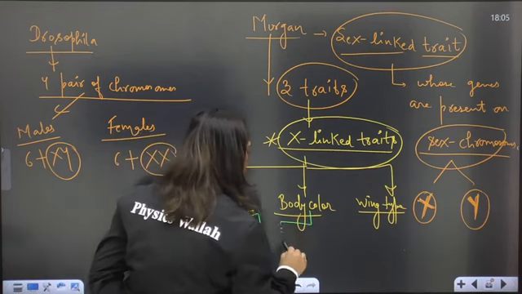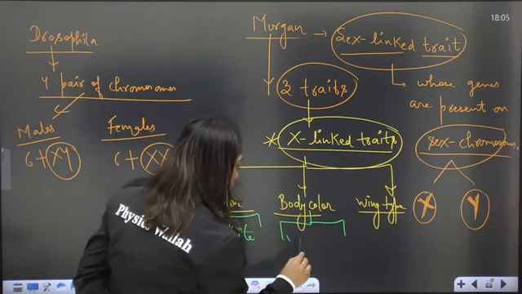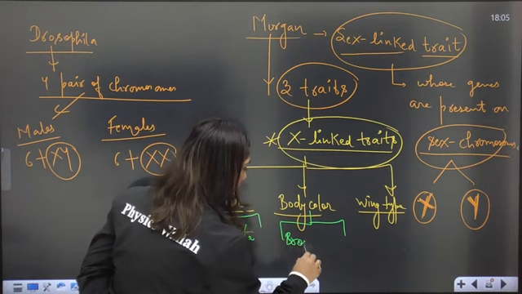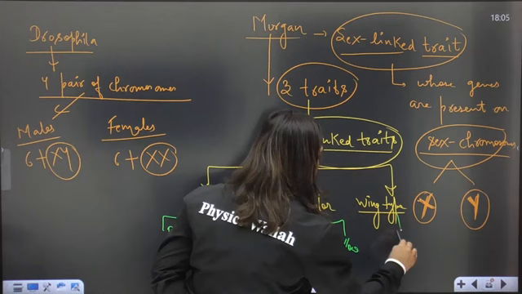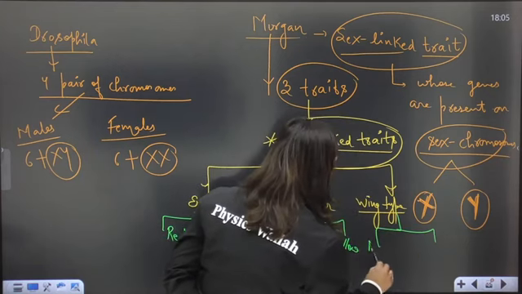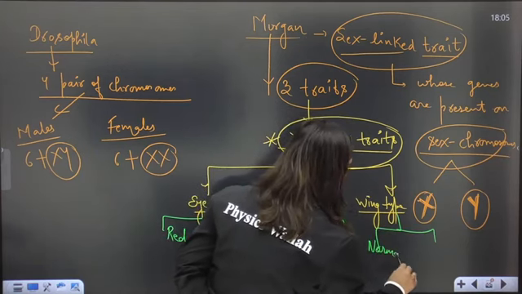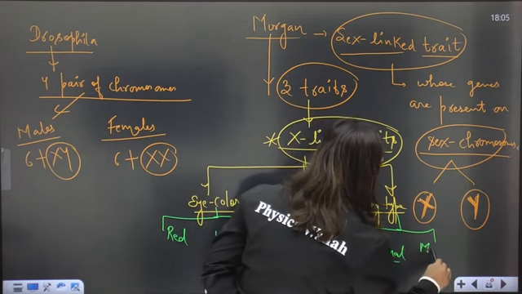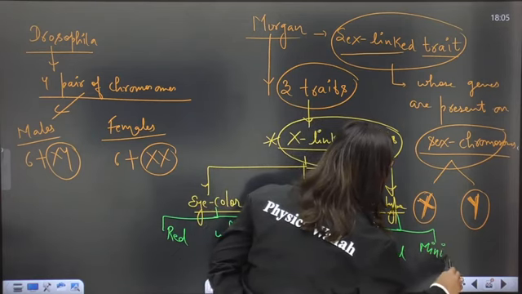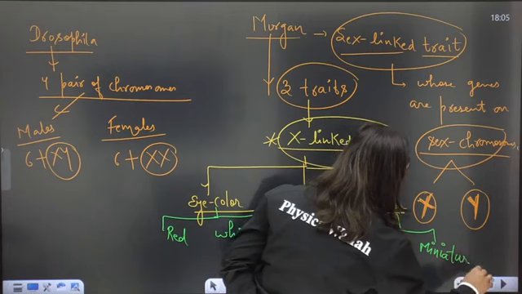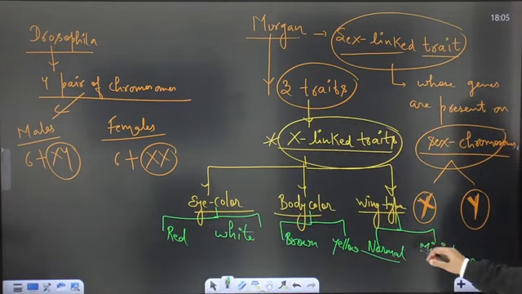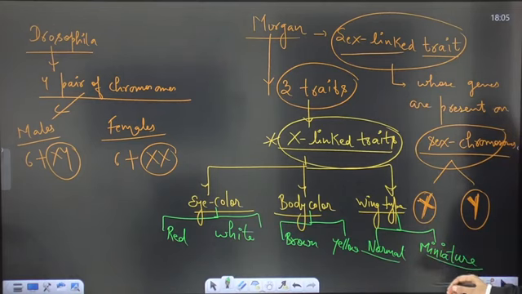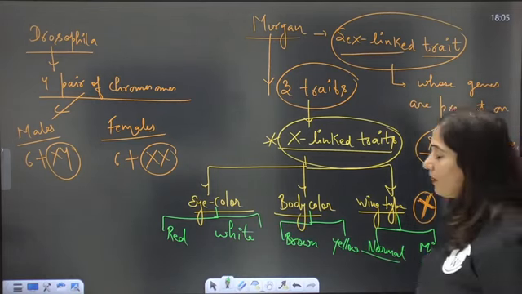Body color can be brown or yellow. Wing type can be normal, where the wing is normal, or miniature, where the wing is vestigial or not properly developed. Okay. So all these 3 traits, the genes are present only on the X chromosome.